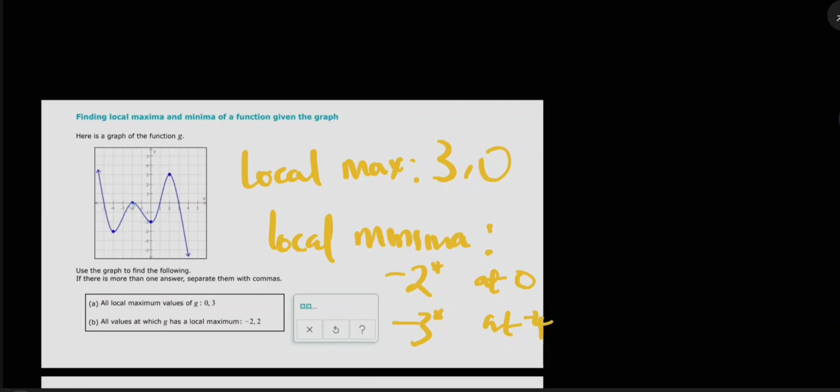So this is a local maximum. This is a local maximum. At that point where it's down, just before it starts to go up, that's a local minimum. So this local maximum of 3 is at 2, and this local maximum of 0 is at -2.